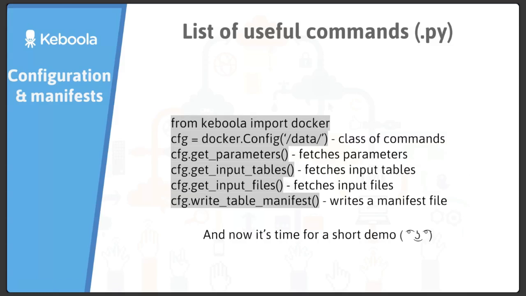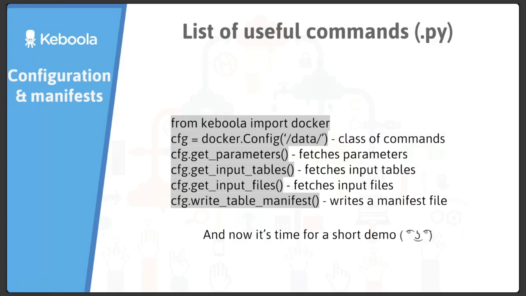Before a short demonstration of code, I would like to introduce you to some very useful commands, especially in Python, related to Docker. The first one is basically importing the Docker package from Keboola. The second one specifies the class of commands and sets the working directory to the data folder. Next one is get parameters.